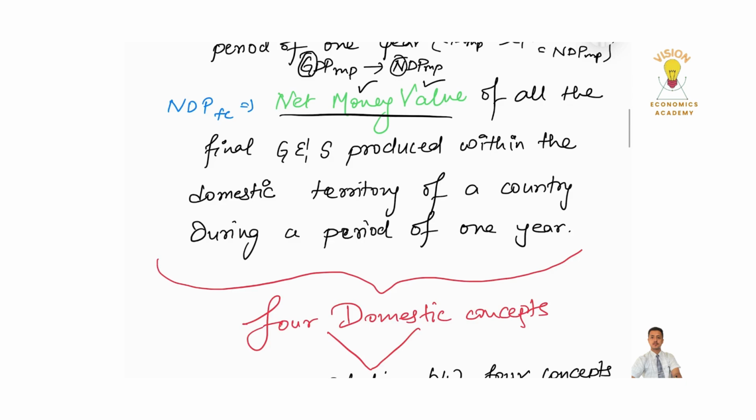So the net money value of all the final goods and services produced within the domestic territory of a country during a period of 1 year is net domestic product at factor cost. Only a few words are changing; other than that, everything is the same, right? The only thing we need to know is that when there is FC, we write money value. When there is MP, we write market value, right?